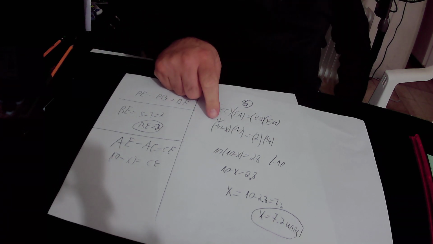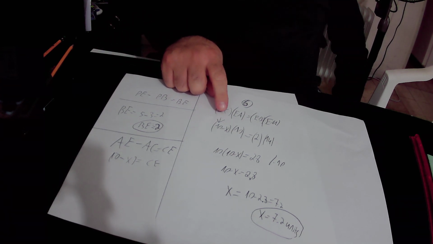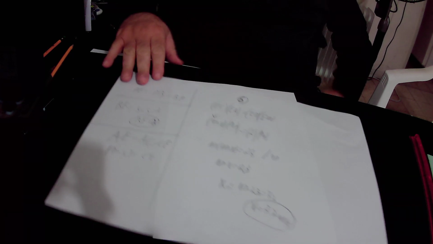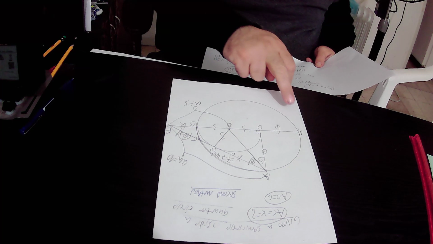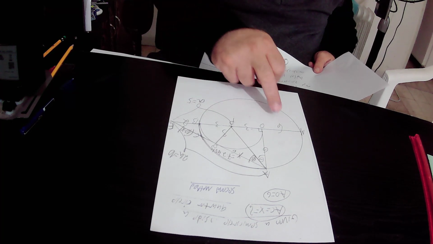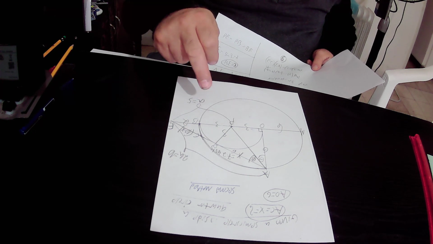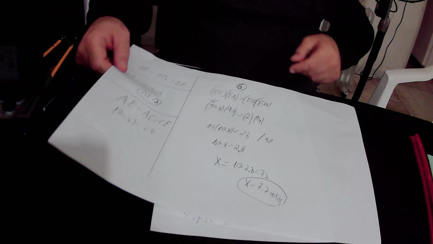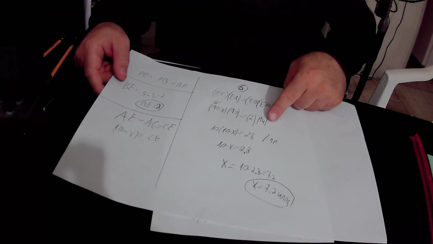EC equals 10 minus x. EA equals 10, EB equals 2, and EM equals, what is the value of EM? The big line segment EM equals 6 plus 3 plus 3, this is 12, plus 2 is 14. So EM equals 14. We substitute EM by 14.